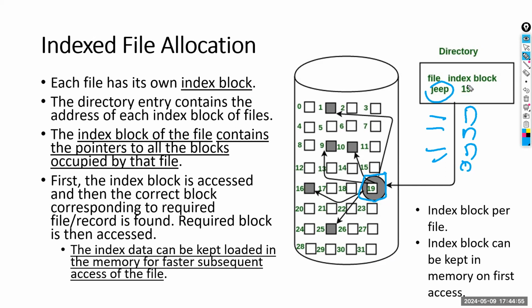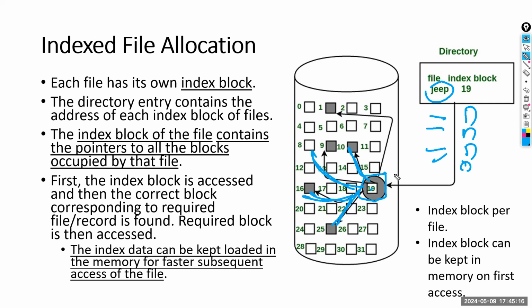That's all the operating system keeps track of for each file: the index block. Then it loads the index block, which has pointers to possibly more than one block. In linked allocation, every block has a link to one block, but here the index block can have links to maybe 10 or 20 blocks.